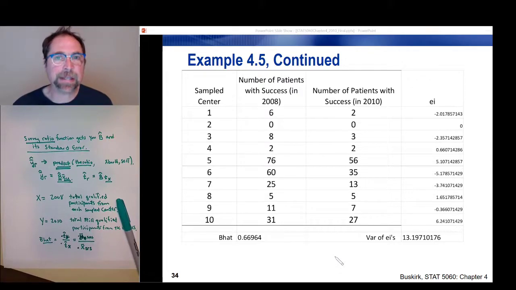The proportion itself is actually B hat. That's what I want to estimate, the rate at which people are still qualified. So we're actually estimating a B hat in this case, a rate, not a population mean or a population total. So the answer that you're going to clearly see here, which you're going to learn to compute on your own, is about 67% are still qualified in 2010.